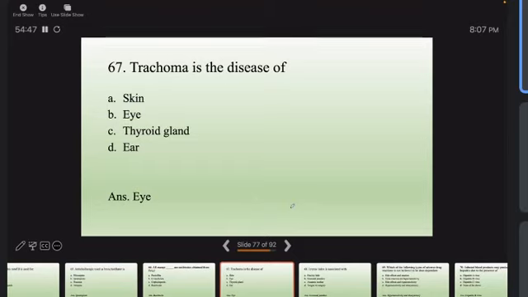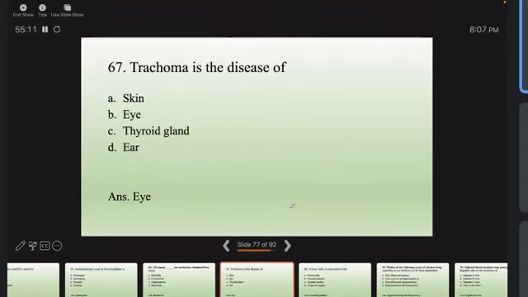Conjunctivitis, yes. Glaucoma, yes, with increased blood pressure in the eye. What about the thyroid gland? We have hyper and hypothyroidism, and goiter.